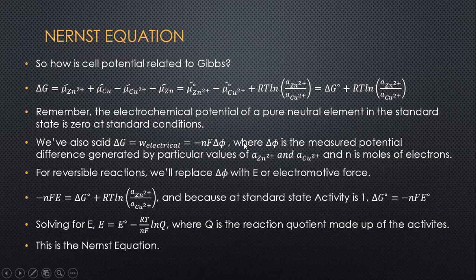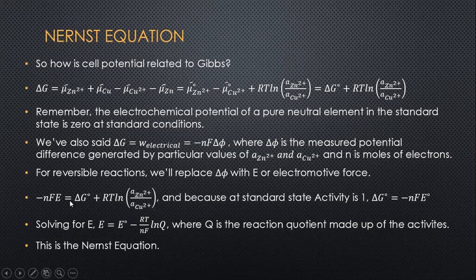And n is the moles of electrons. So for a reversible reaction, we'll replace the delta phi with E, or electromotive force. So that is where we give delta G equals negative nFE.